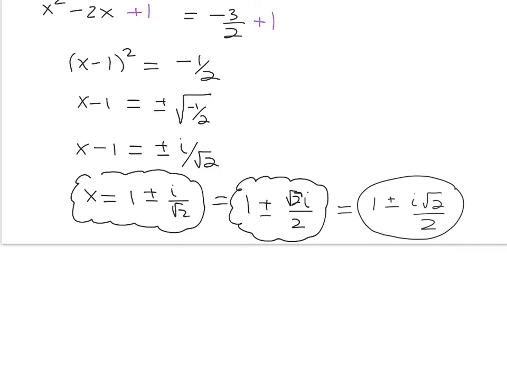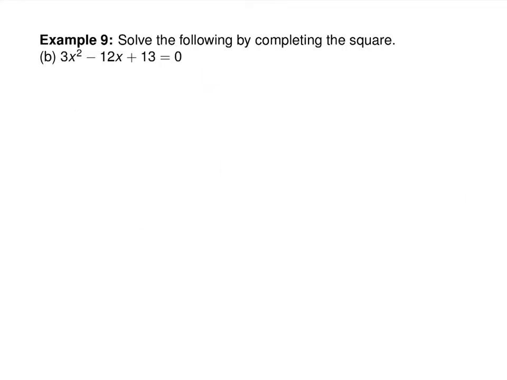Okay, how about part B? Divide by 3. So we get x squared minus 4x plus 13/3.